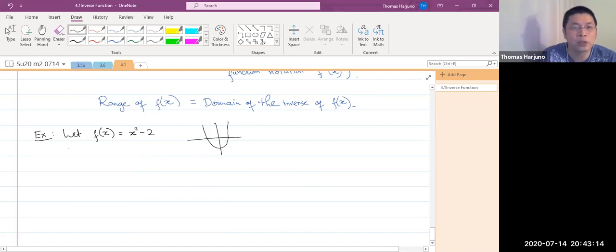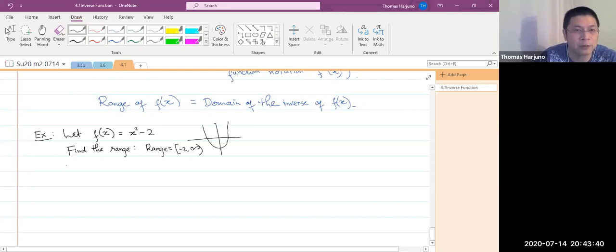Okay. Now suppose I ask this question: find the range. We know we could answer this question even in our test 1. Find the range. We know the range is from -2 to infinity, right? Well, you can see from the graph. Okay, but can we do this more from an analytic point of view?